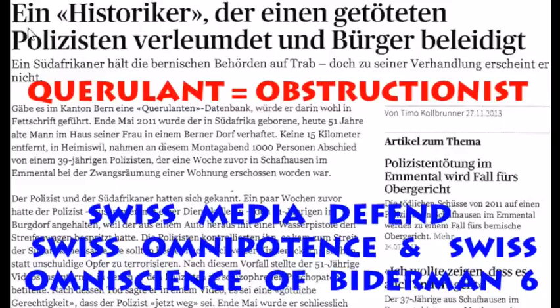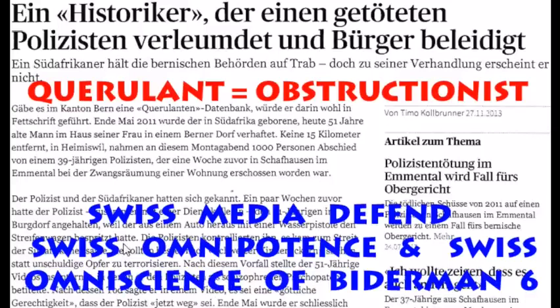And here it says, ein Historiker, it means a historian, and they put it like this in between quotation marks, meaning that I am not a historian. And this is again the Swiss omnipotence and the Swiss omniscience.